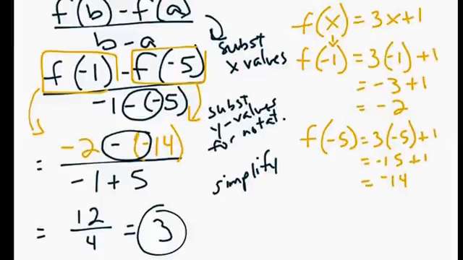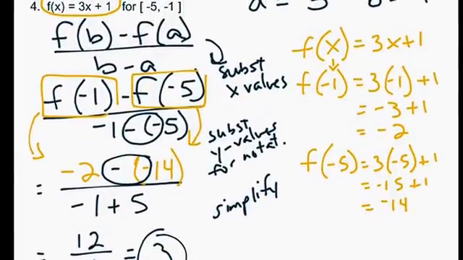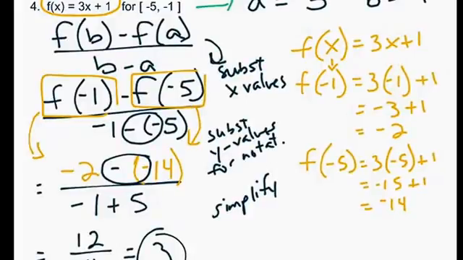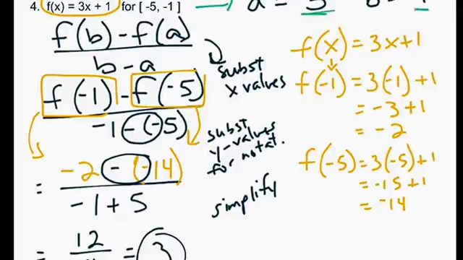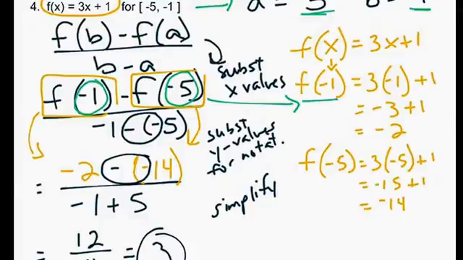So I'm going to pull this back down. Let's make sure we've got all of our steps. We took our interval and we rewrote them as our x values a and b. Then we substituted these into our notation. Then we came over here and we found our f of -1 and our f of -5 values, and we substituted them in here.